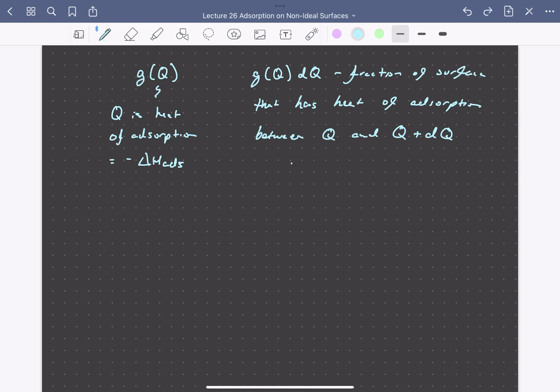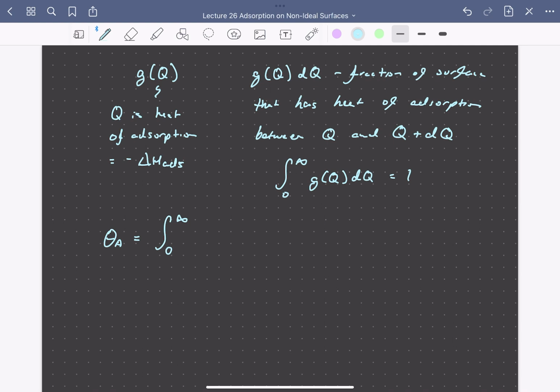This also means that this is a normalized function, so if we integrate from 0 to infinity g(q) dq, this will equal 1.